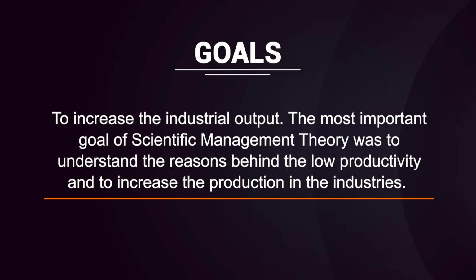The goals of scientific management theory are very important. This theory had two important goals. One, to increase the industrial output. The most important goal of scientific management theory was to understand the reasons behind the low productivity and to increase the production in industries.